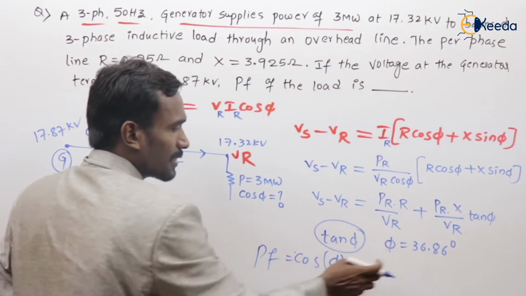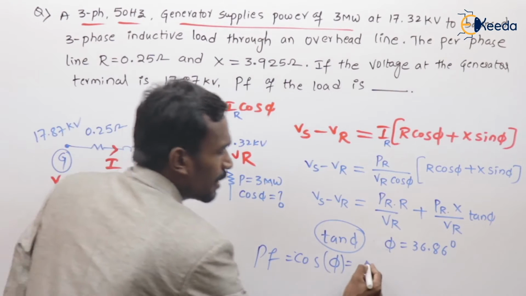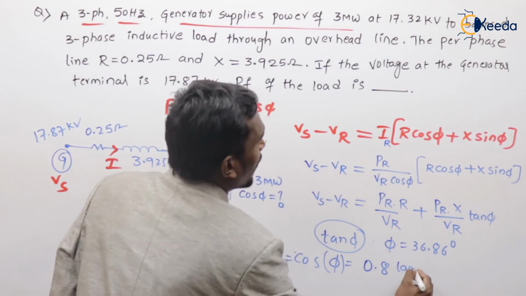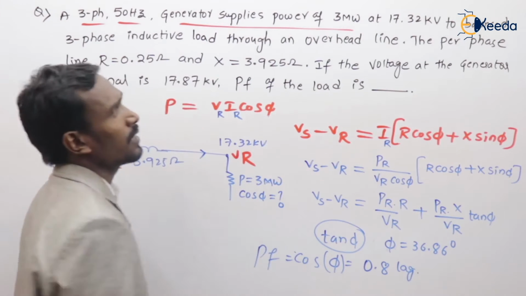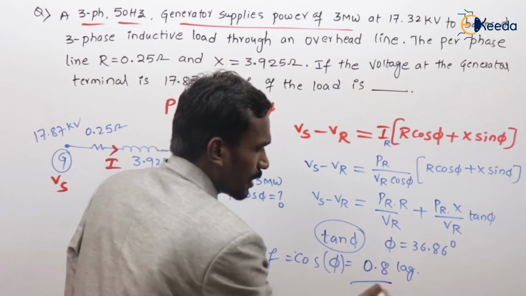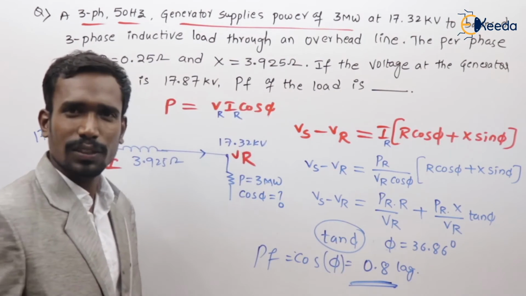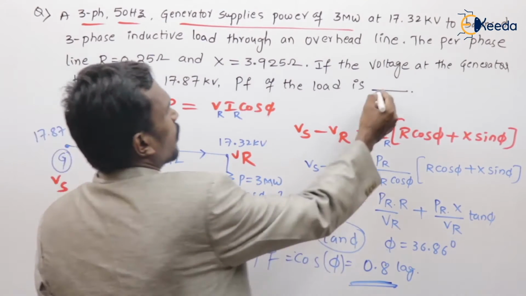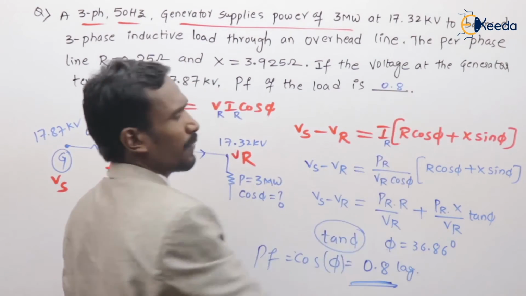If you substitute this 36.86 here, you can get 0.8 lagging. So what is the power factor? 0.8 is our answer. The load is 0.8 power factor.